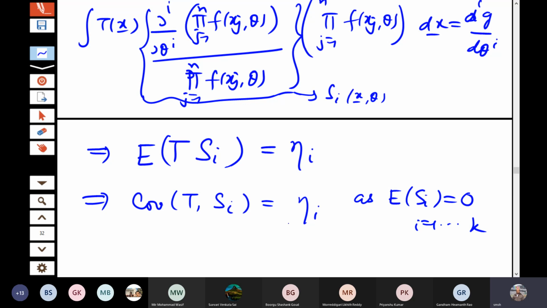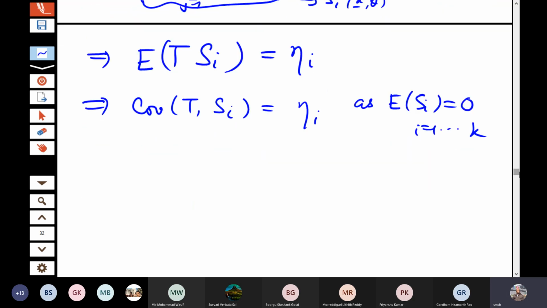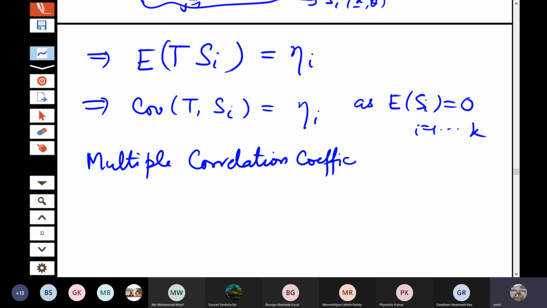So now what we consider, earlier we have used the correlation inequality or the covariance inequality. Now since I don't have one term, I have several terms. So I will consider multiple correlation coefficient between T and S1, S2, Sk.